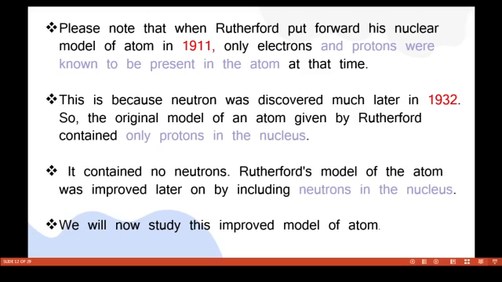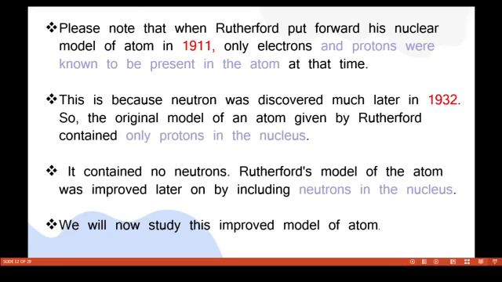And then Rutherford put forward his nuclear model of the atom in 1911. Only electrons and protons were known to be present in the atom at the time, in 1911. This is because the neutron was discovered much later, in 1932. So the original model of an atom given by Rutherford contained only protons in the nucleus, so it contained no neutrons.